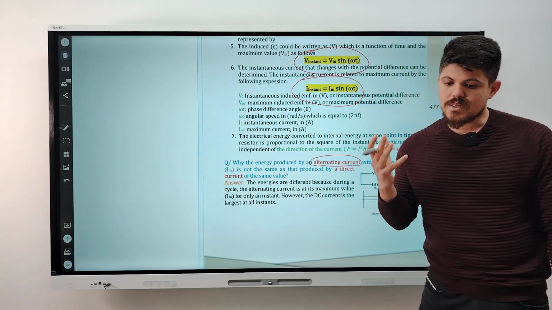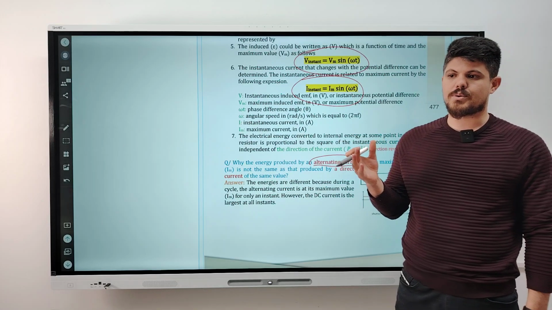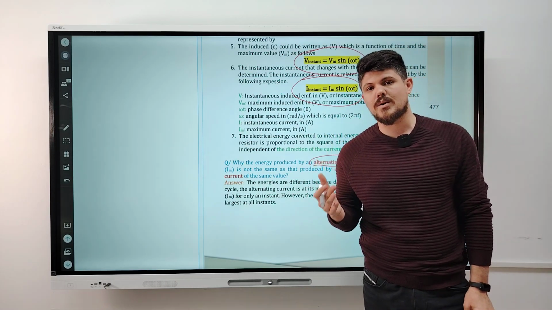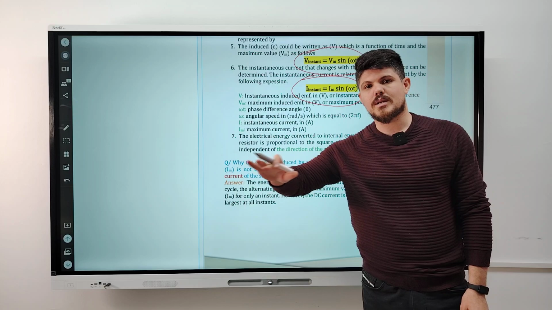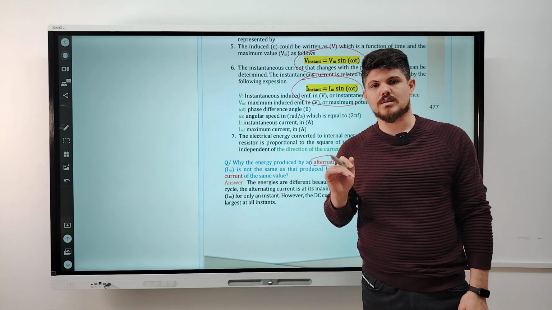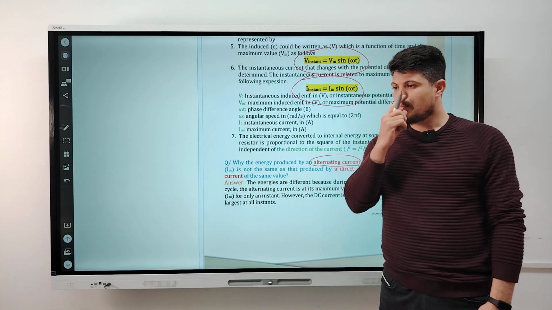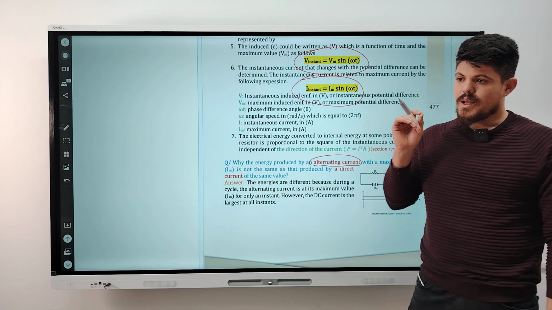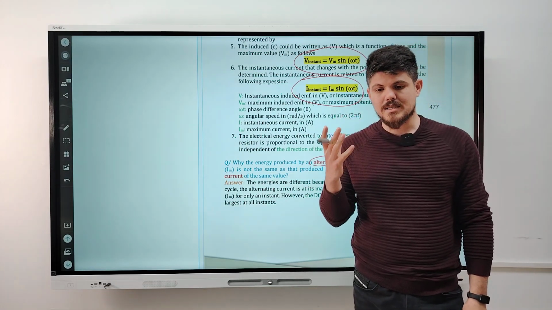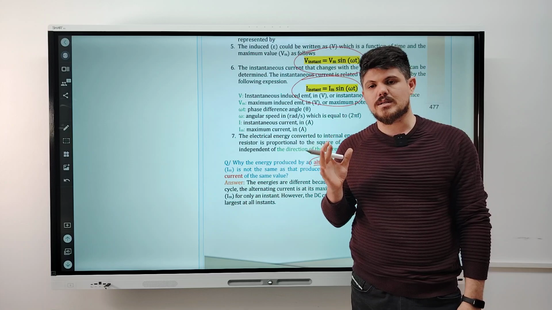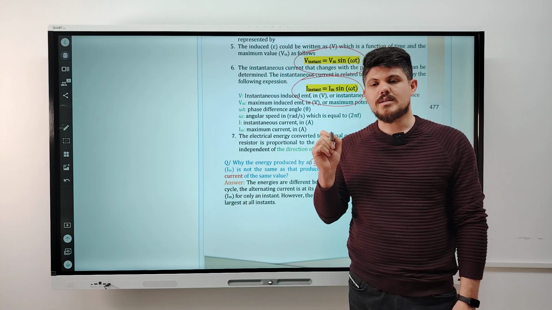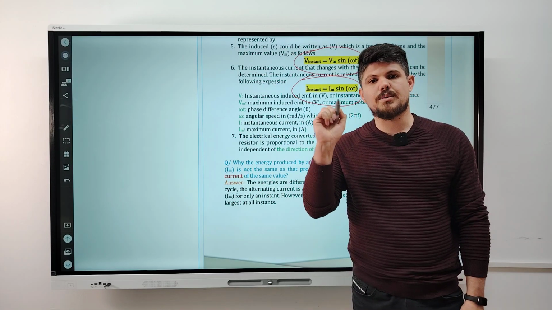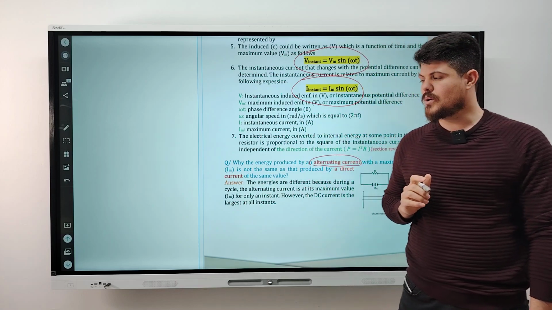Why? Because the maximum value of 10 ampere of direct current is always 10 ampere; it never decreases, it never changes. But in AC, when we say maximum current is 10 ampere, only at the peak is it 10 ampere, not at the other points.